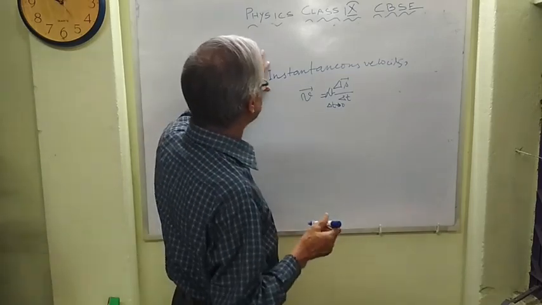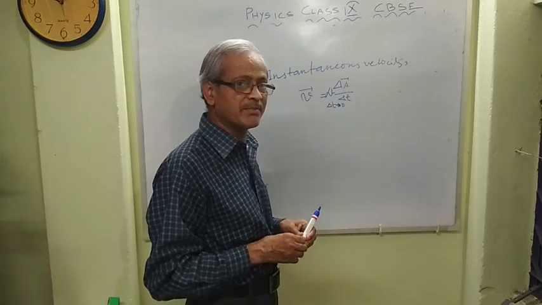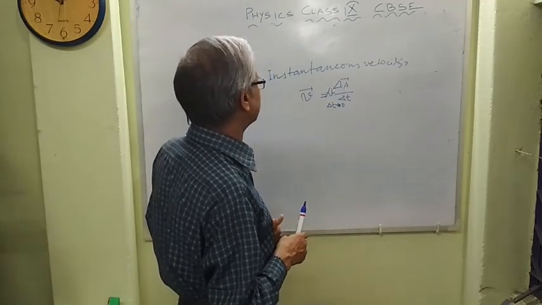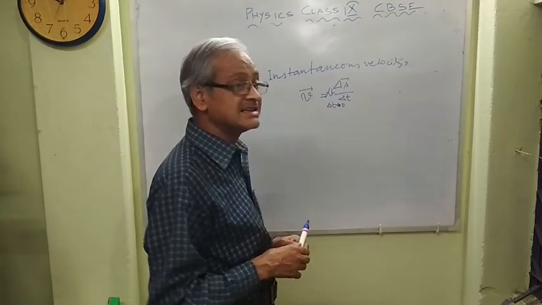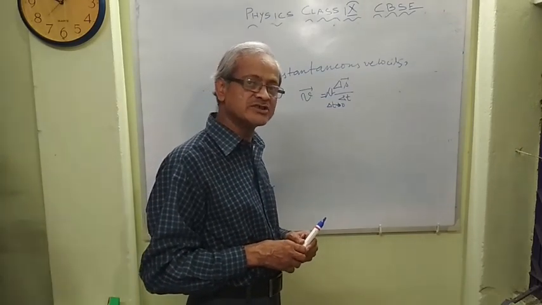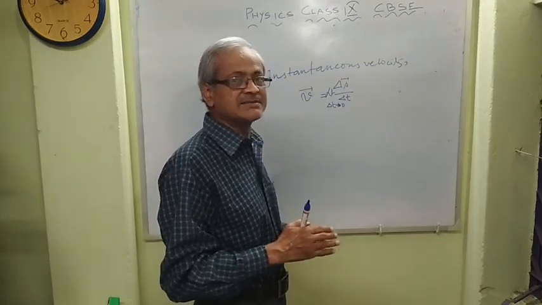In the similar way, instantaneous speed is the speed of a moving particle at a particular instant of time, or it is the average speed when time intervals tend to zero, that is, infinitesimally small.